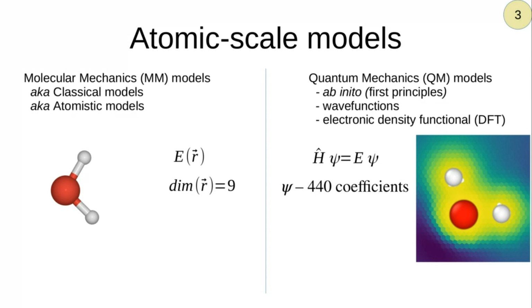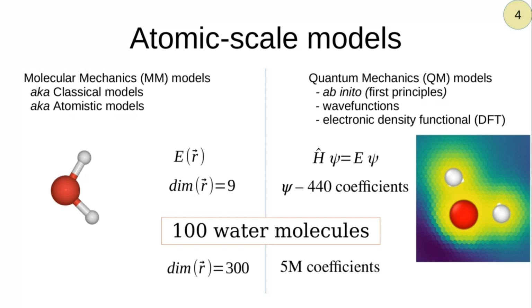The quantum mechanical models consider not just atomic coordinates, but also the electronic density around these nuclei. Therefore, for description of the same water molecule, you need not just coordinates of atoms, but also the wave function that could be described, for example, for a water molecule with 440 coefficients.